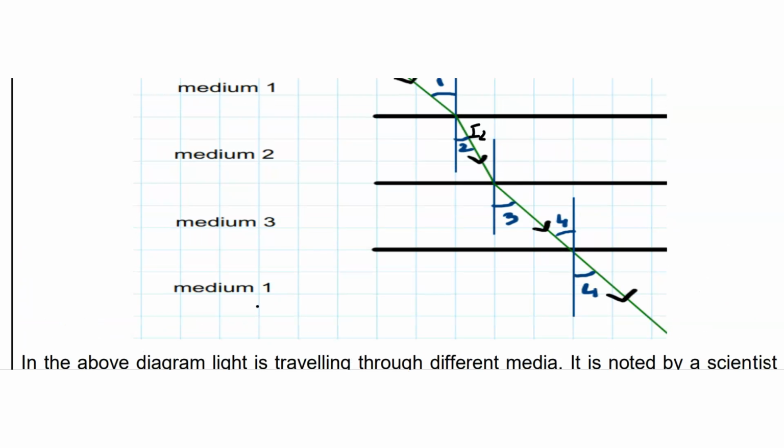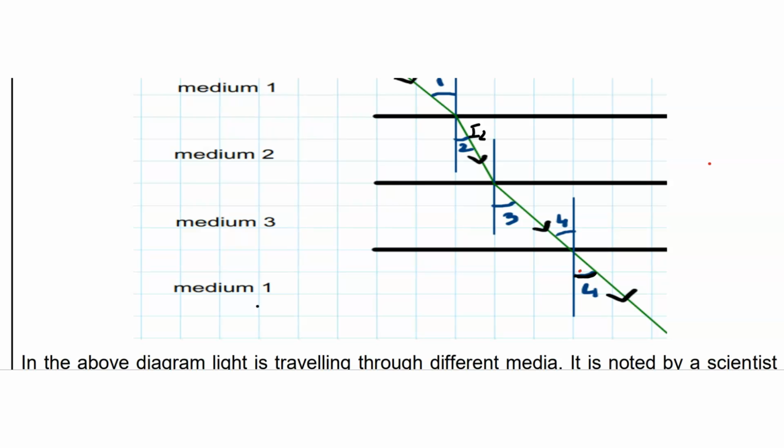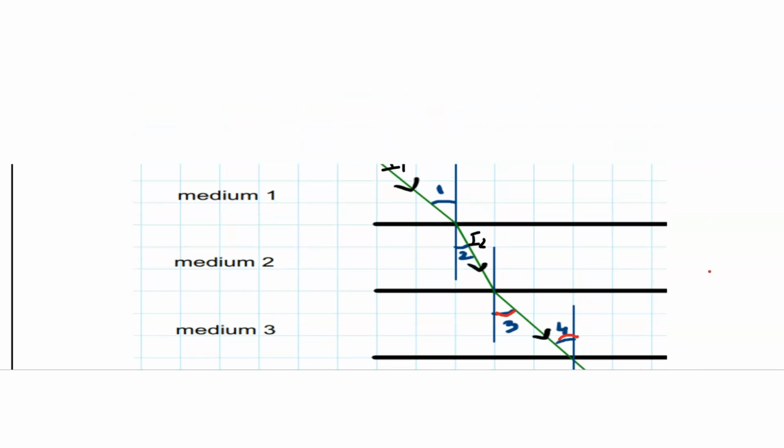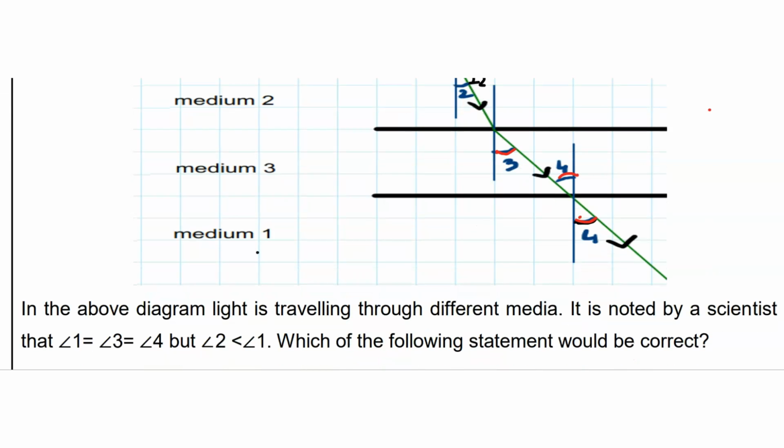So this angle, whatever I'm just highlighting, is going to be the same. That is what they have given. So angle 4 is equal to angle 3, which is equal to angle 1. So this is the given information, right? So angle 1 is equal to angle 3 is equal to angle 4.